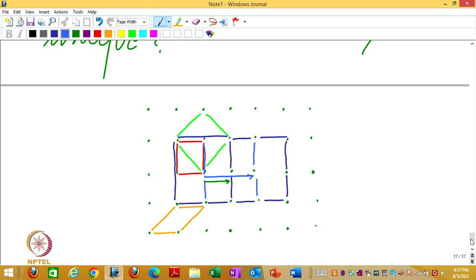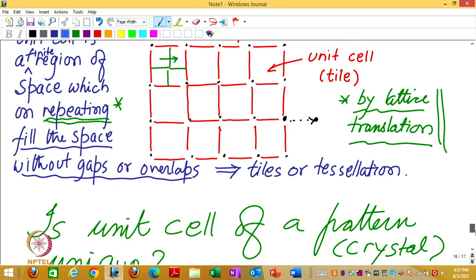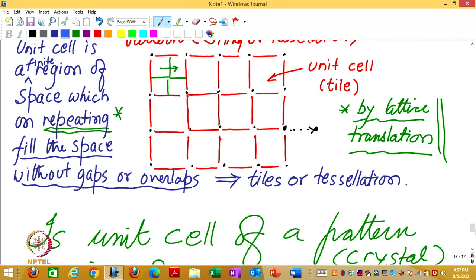So, carefully again in my definition, or rather carelessly you can say, I did not specify whether repeating by all lattice translations is meant, or a subset will do.